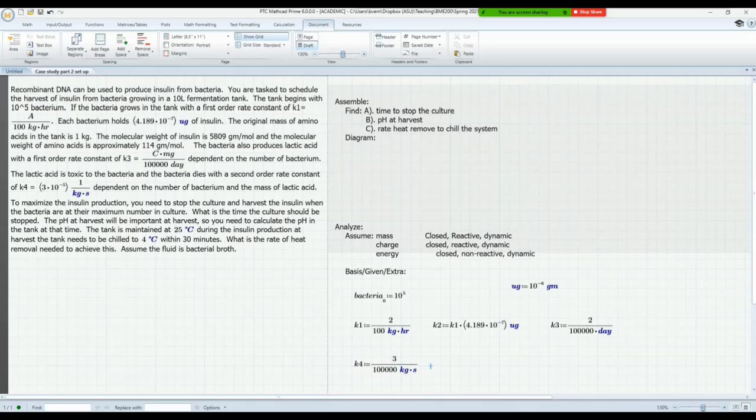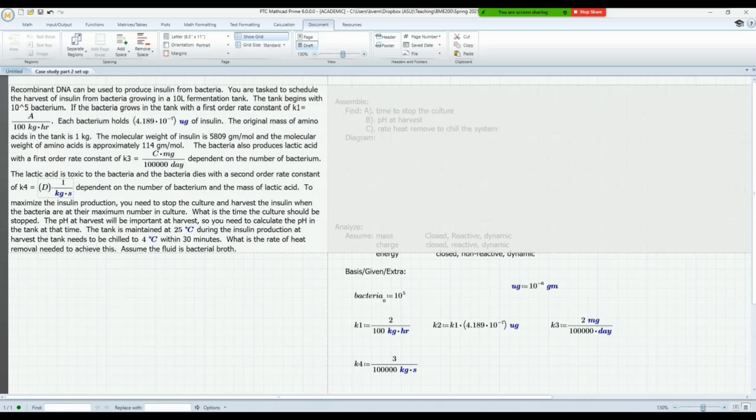Or actually, this up here is 2 milligrams per 100,000 days. K4 is 3. I call it D, but I actually didn't say D. This should say D in your problem statement.